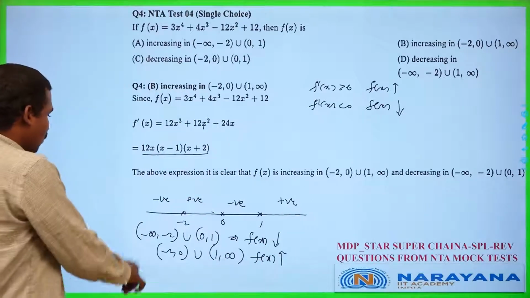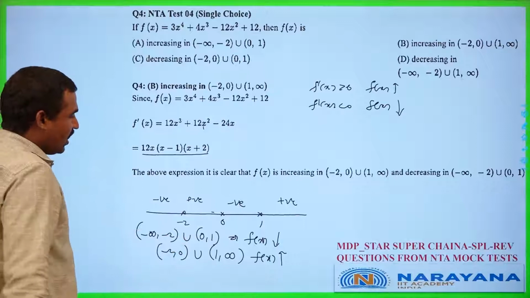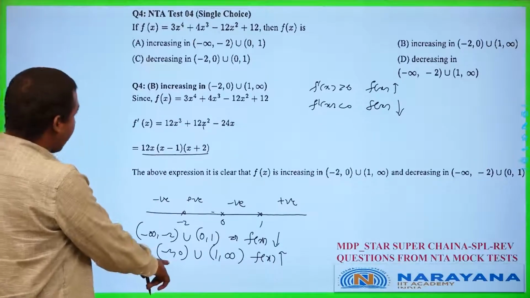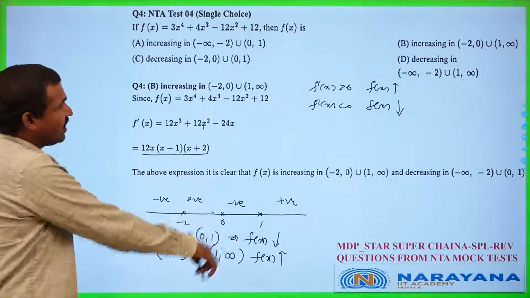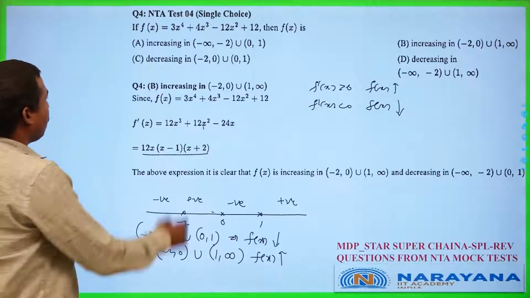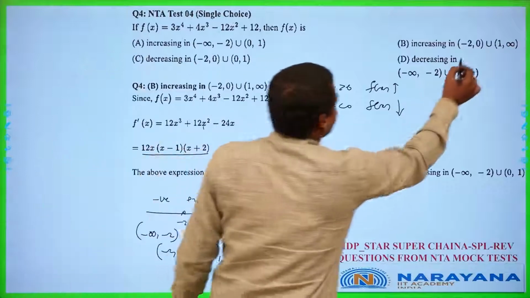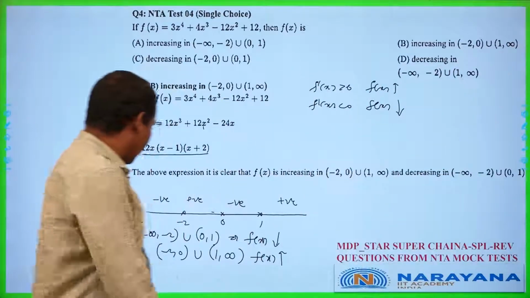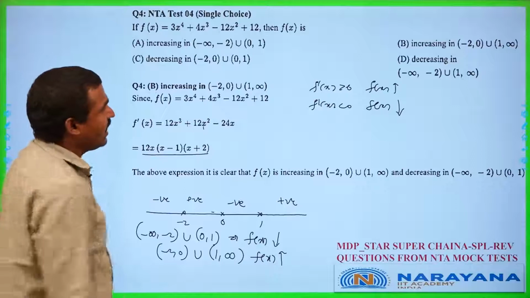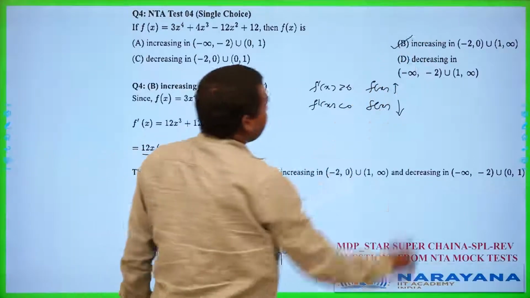So, minus infinity to minus 2 union 0 to 1, f of x is decreasing, and minus 2 to 0 union 1 to infinity, f of x is increasing. So, option B is correct.